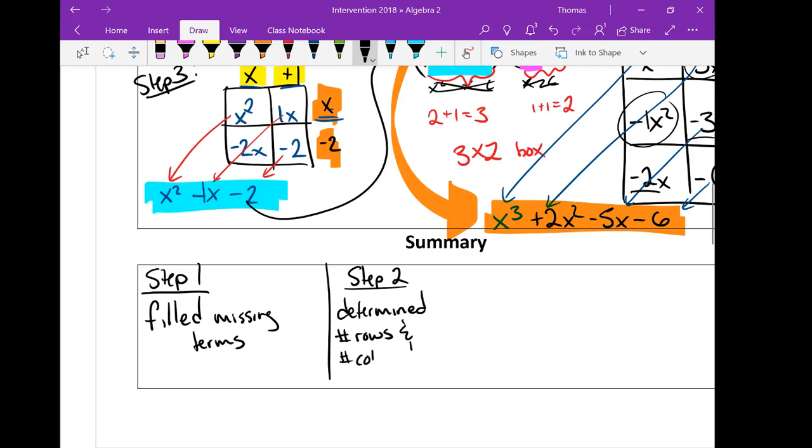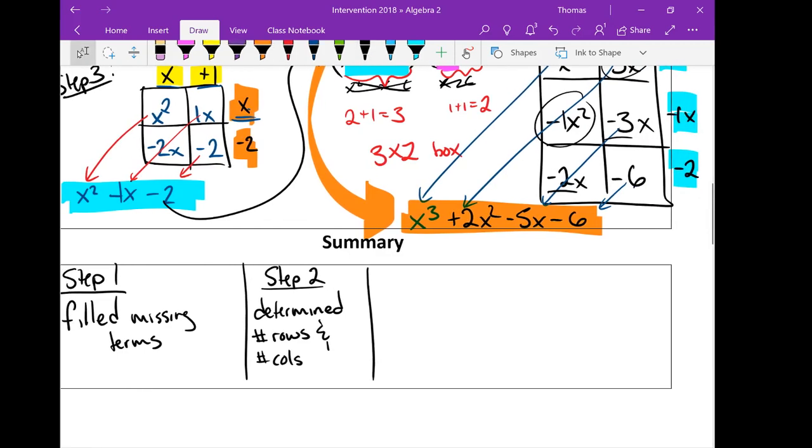And you could either count your terms or use the degrees like we did. And then step 3 is make the box, sometimes I call it a box, sometimes I call it a table, the box or table, and fill in values.